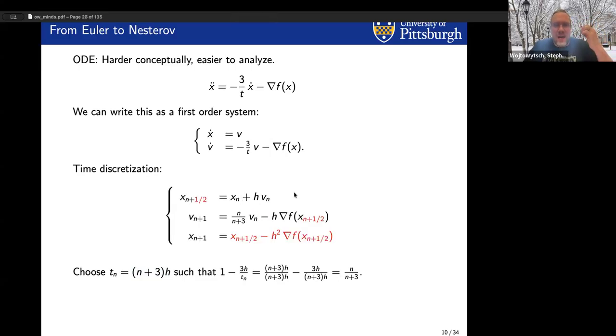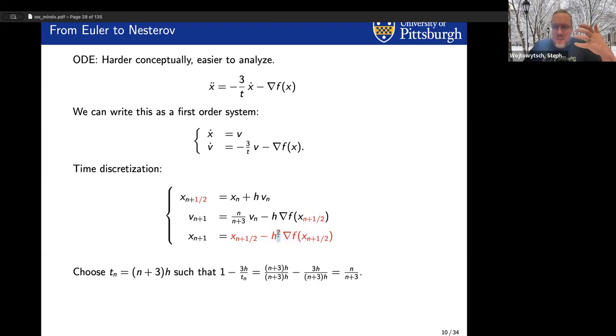Nesterov's method now has several innovations. First of all, this is considered basically just an auxiliary step. So we advance by the velocity. Then we do the same thing here with the velocity, but we take a tiny, tiny step here in the direction of the negative gradient.